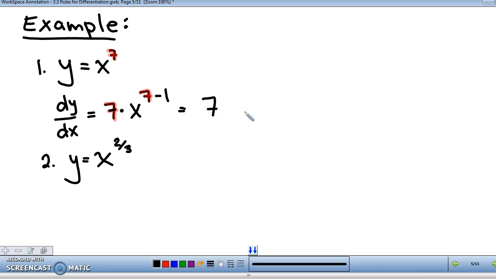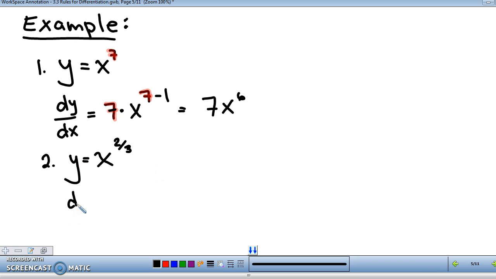So the derivative of x to the 7 is just 7x to the 6. You can even check that with the limit process. If you apply that limit process that we've been using in this class prior to this video, then you will see that the derivative will be 7x to the 6.